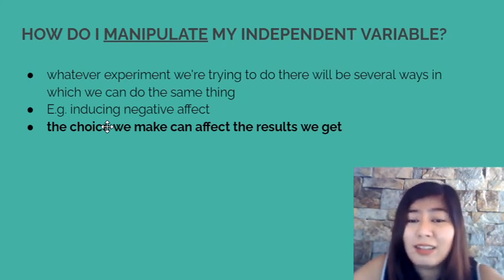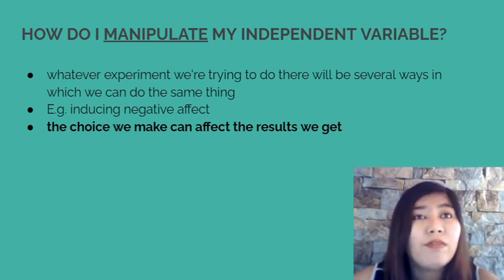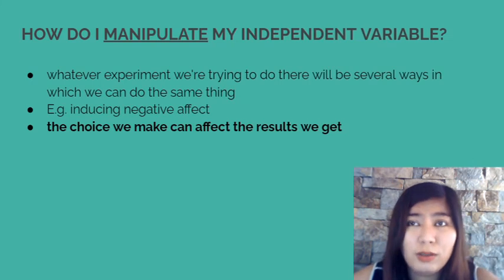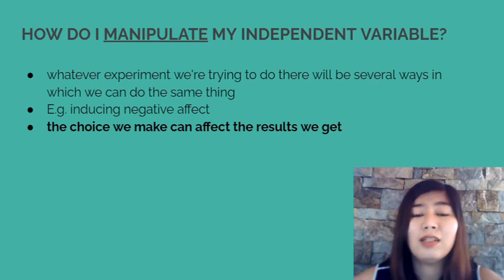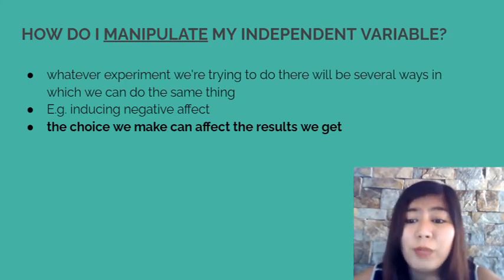So how tricky is that, isn't it? That's why you would require a lot of justification just to design an experiment. You need to consider a lot of things as you go along. So you need to be careful on the choice that you make, because every choice that you make can affect the result of your experiment.